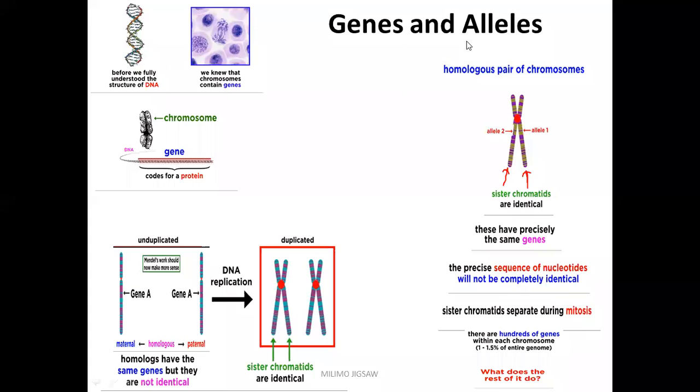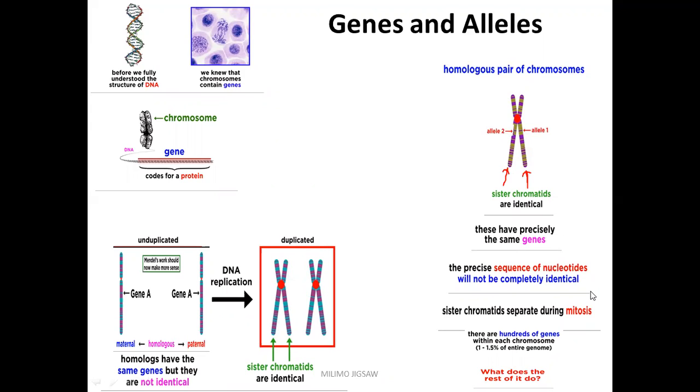In our example, we have allele 1 and allele 2, and we have sister chromatids there, which have precisely the same genes and precisely the same sequence of nucleotides.